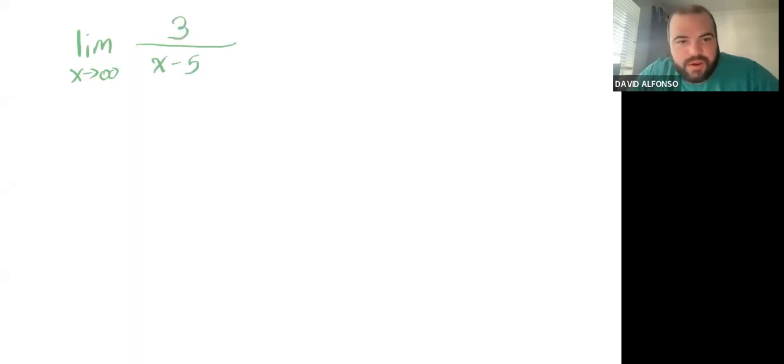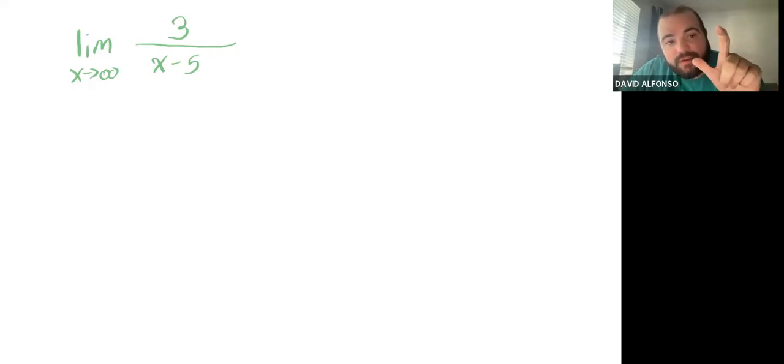So for example, if you have something like this, you could see, if I were to directly substitute infinity, which technically you can't do, but you can conceptualize, a massive number minus 5 is still going to be a massive number.